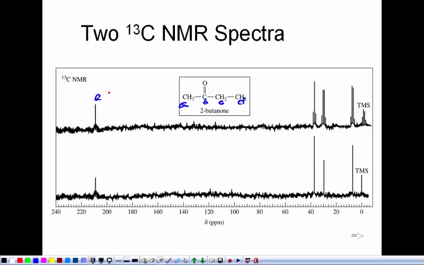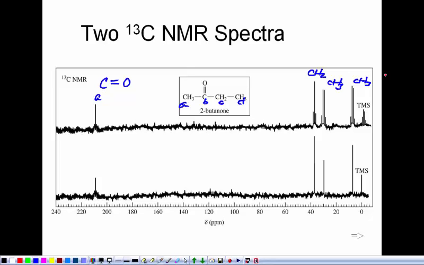So that's what we use this undecoupled spectrum for, basically for identifying the pieces. The limitation on this is that if it took me thousands of scans to get a signal, then if that small signal all of a sudden gets split up into 4 signals, those 4 signals become really small.